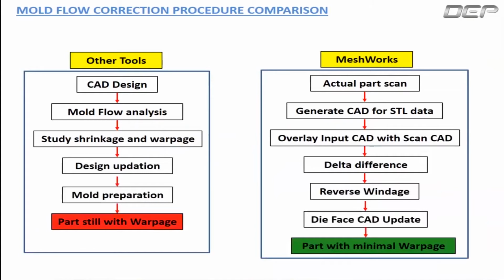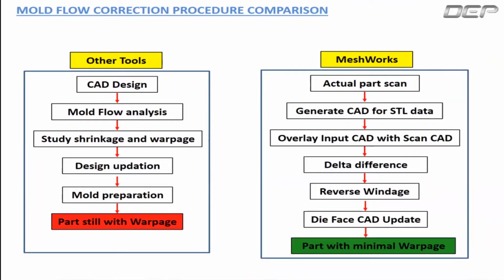In the conventional process, if a part deviation is identified, it has to start with a CAD design, followed by a mold flow analysis, wherein we identify the shrinkage and warpages. Then we update the design, prepare the mold. We still end up with warping, which is not corrected with more accuracy. And in fact, there is no direct process to do that.